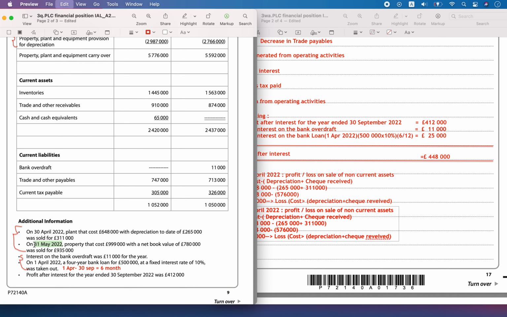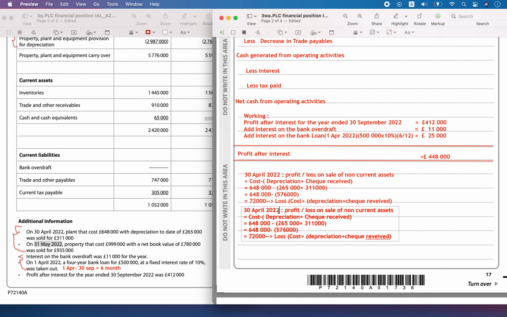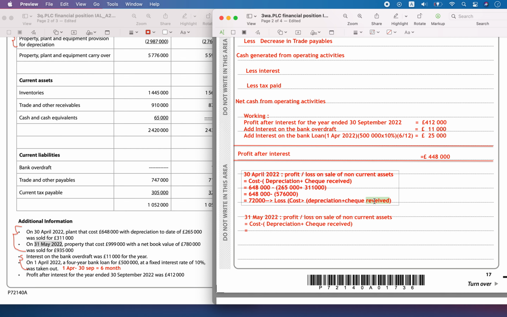So on 31st May 2022, cost minus depreciation plus the cash received is going to be equal to the profit or loss.